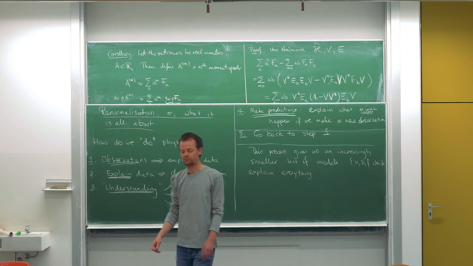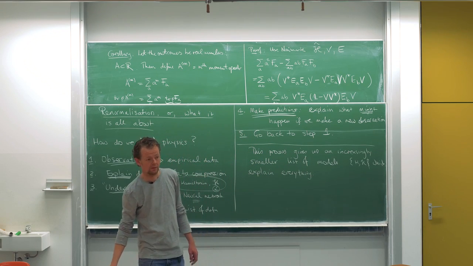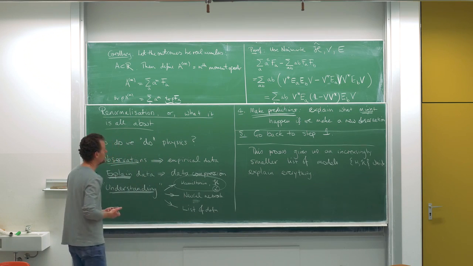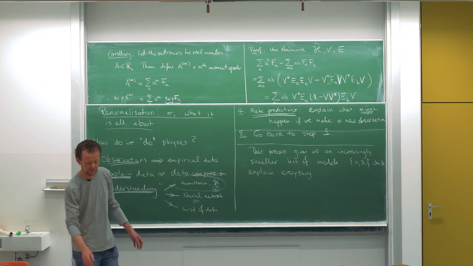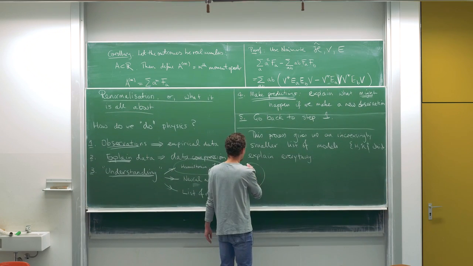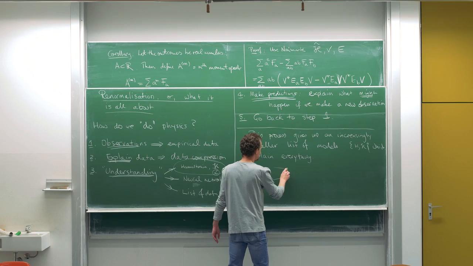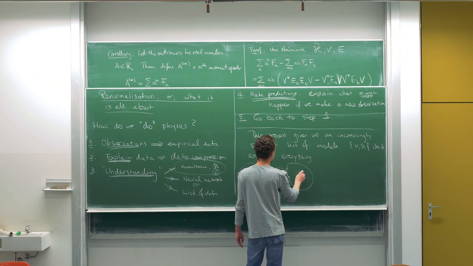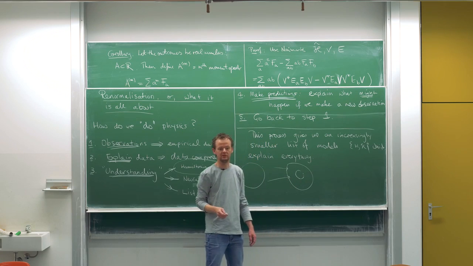As we iterate through this process of observing, explaining, understanding, rejecting, we take this initial space of all possible explanations and we cut it down at each iteration to a smaller set of allowed explanations.